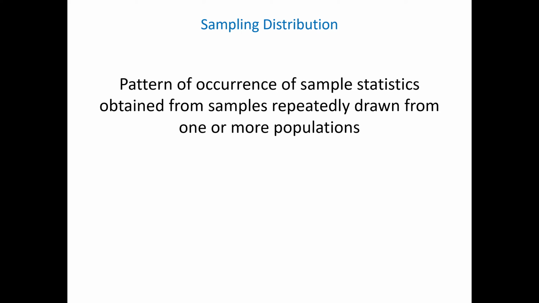When we first talked about frequency distribution, we said distribution is the pattern of occurrence of values of a variable in a data set. But here it is the pattern of occurrence of sample statistics obtained from samples repeatedly drawn from one or more populations. We have already said that in descriptive statistics, when we summarize what we get in our sample, the summary is called a statistic.